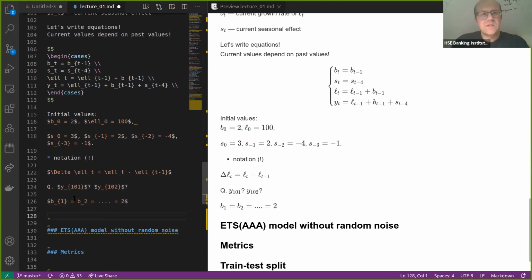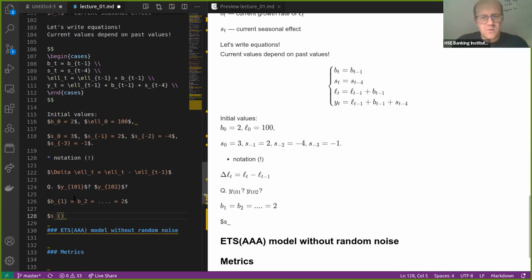Let's move on and calculate all ST. For ST, we will have a deterministic cycle: 3, 2, minus 4, minus 1, repeating. We need S101 because it will cycle.